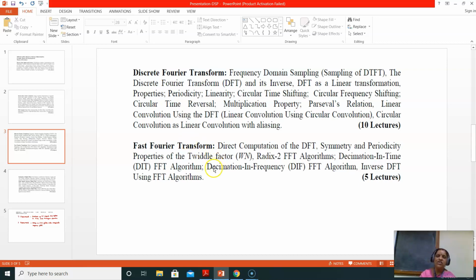Efficiency is measured in terms of the number of complex multiplications and number of complex additions needed to compute DFT coefficients. So these algorithms are mainly for reducing the computational complexity and hardware complexity of implementing DFT coefficients.